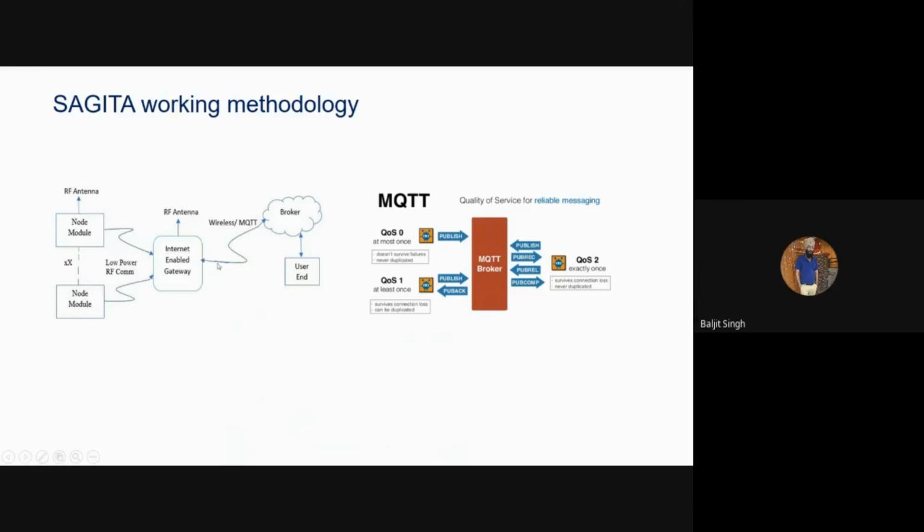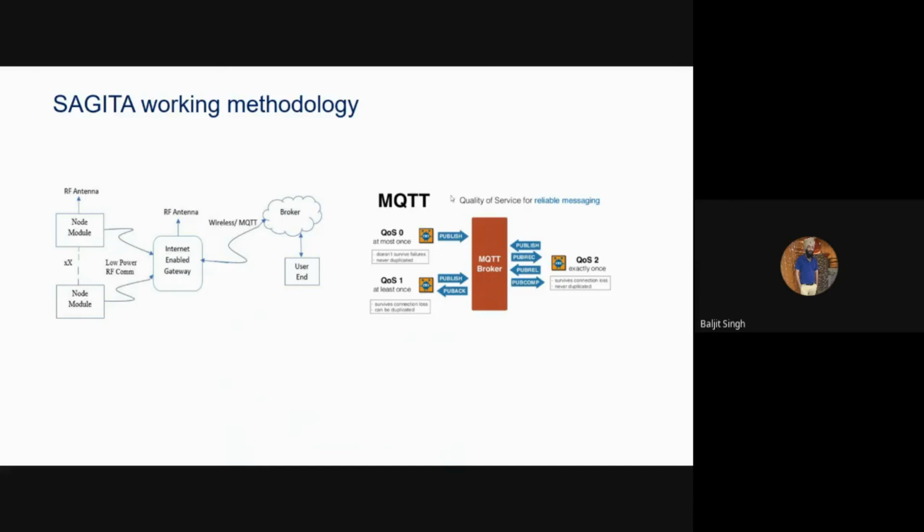Then we send the data to the broker, and at the user end we have used that data in various forms: for a mobile application, for storing and displaying that data in various graphical forms, and for data analysis also.